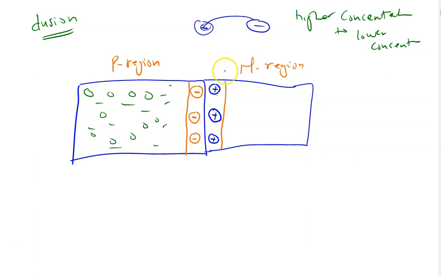So the electrons are moving from a higher concentration, a region where there were more electrons, to the p side. Once they are moving, there will be a point where an equilibrium will be obtained.